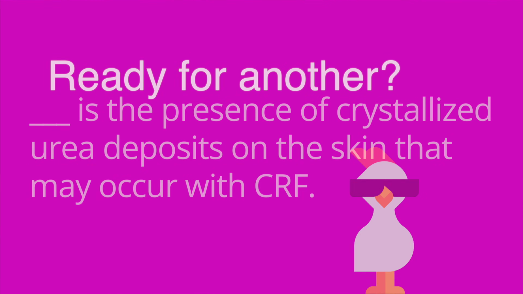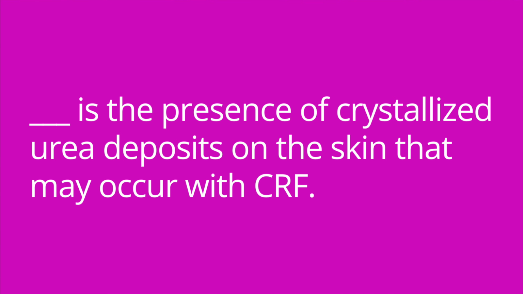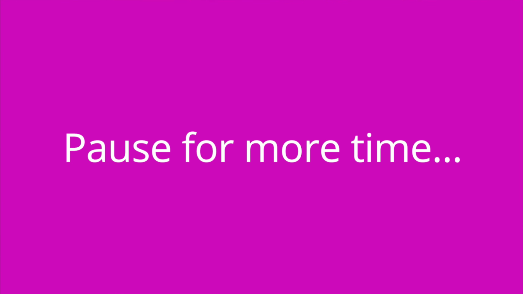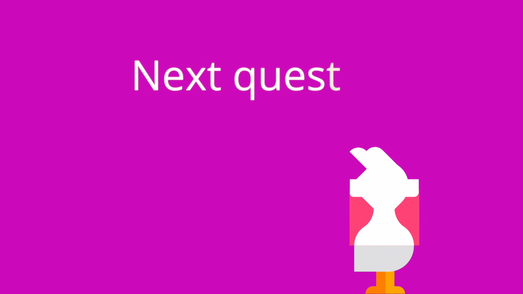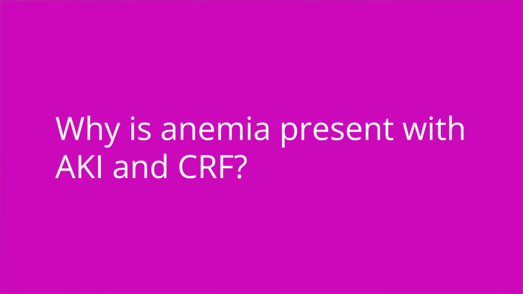Question number 3. Blank is the presence of crystallized urea deposits on the skin that may occur with CRF. The answer is uremic frost. Question number 4. Why is anemia present with AKI and CRF?